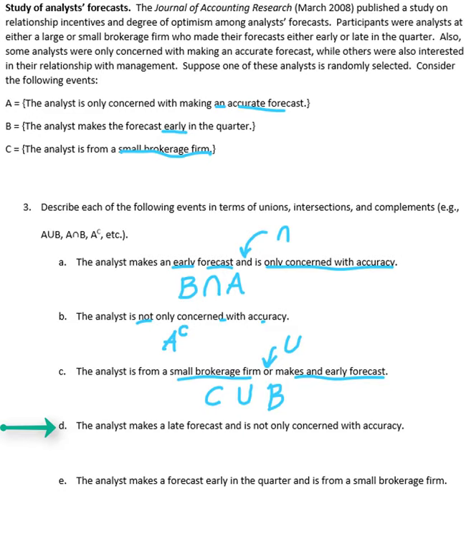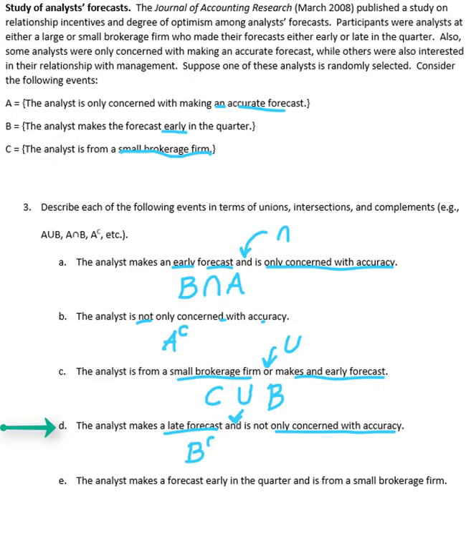Example D. The analyst makes a late forecast and is not only concerned with accuracy. So the analyst makes a late forecast. Well, we don't have late forecast written up above. We have early forecast. So if it's a late forecast, that must be the complement of B. B by itself describes an early forecast.